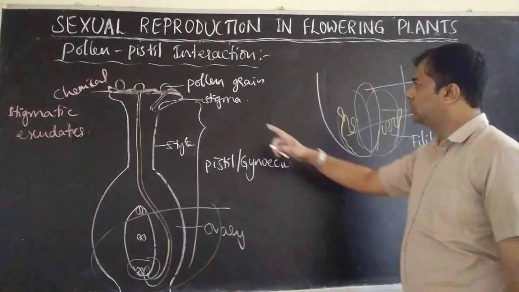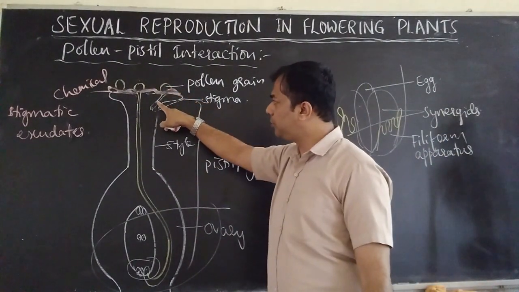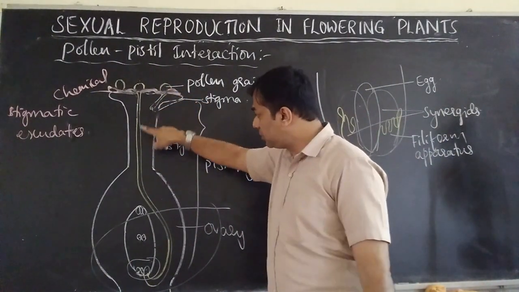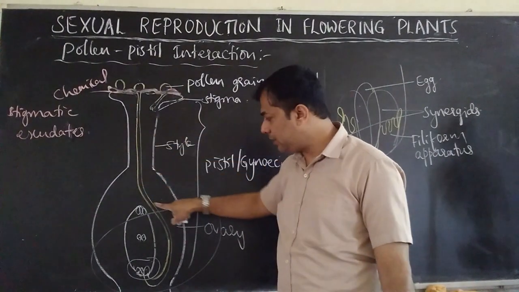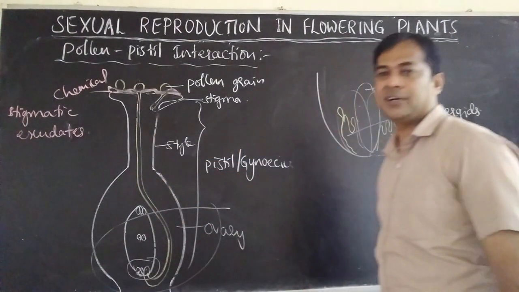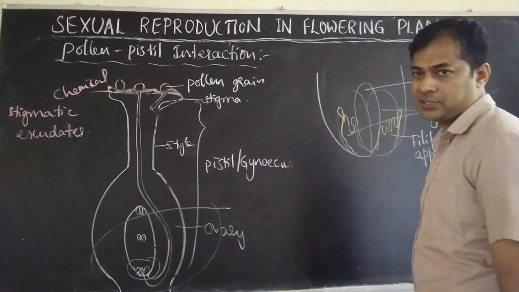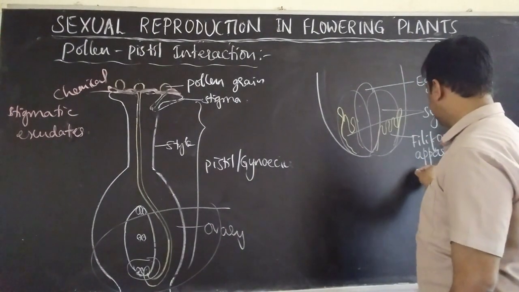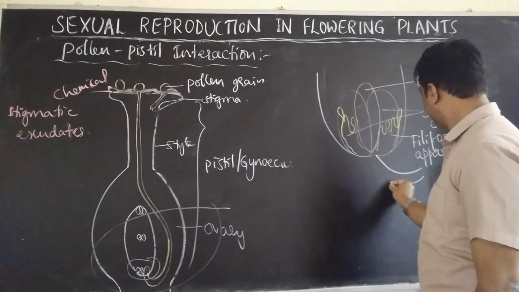We are discussing this pollen grain which produces the pollen tube. Then the pollen tube elongates, becomes longer and tries to enter the egg for fertilization, double fertilization, triple fusion. Suppose this is a pollen tube now.